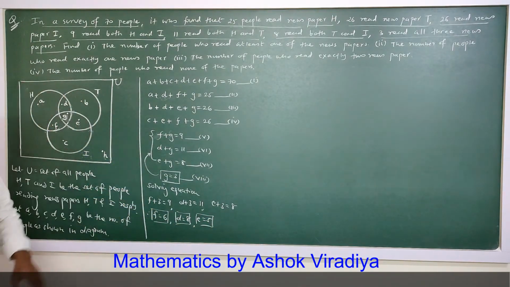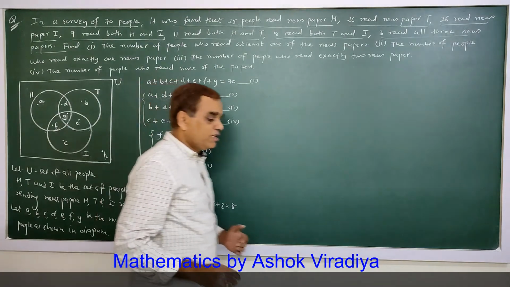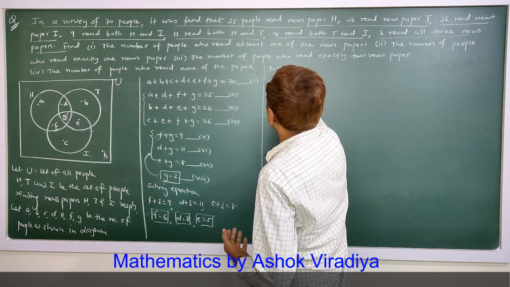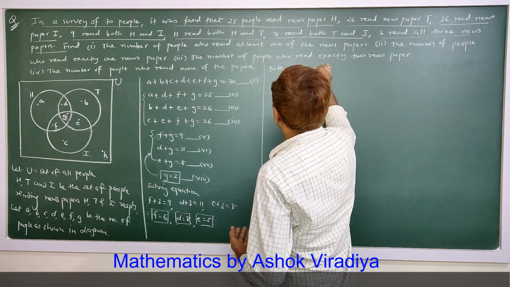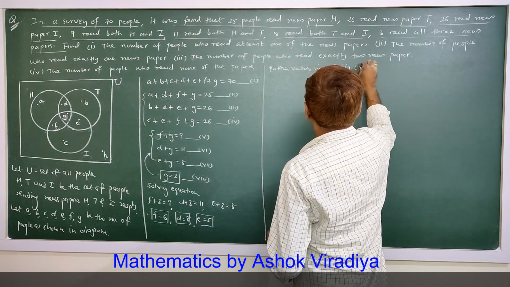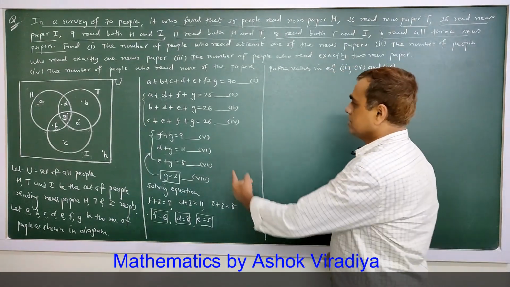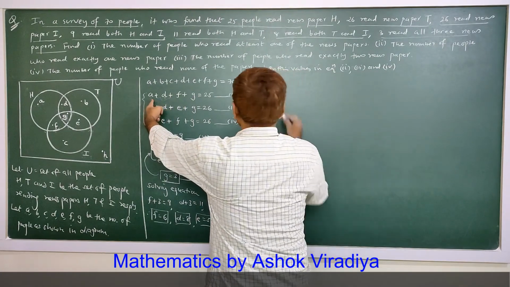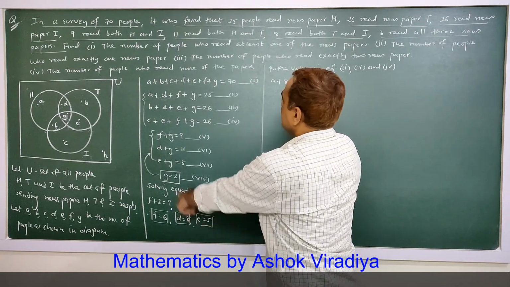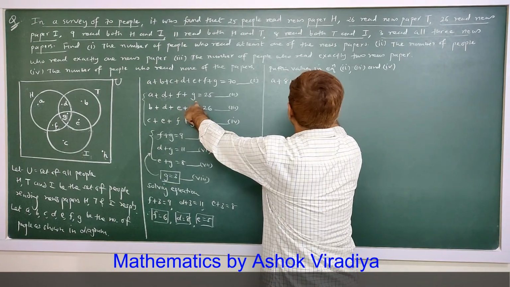Now we use these values in equations 2, 3 and 4. Here, A plus D, D is 8, plus F, that is 6, plus G, that is 3, is 25.